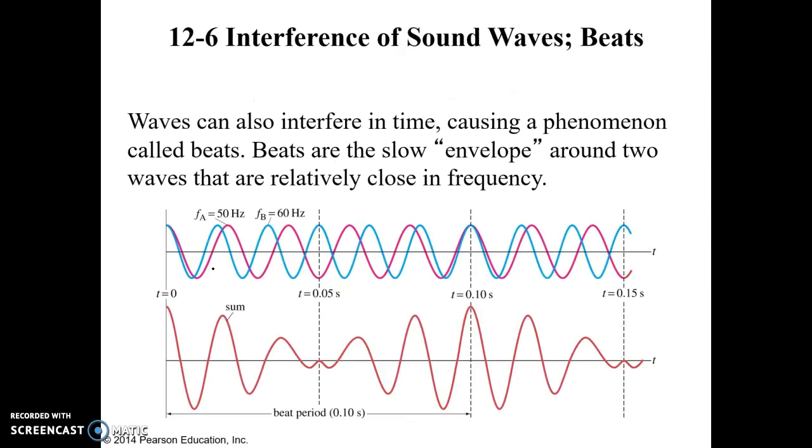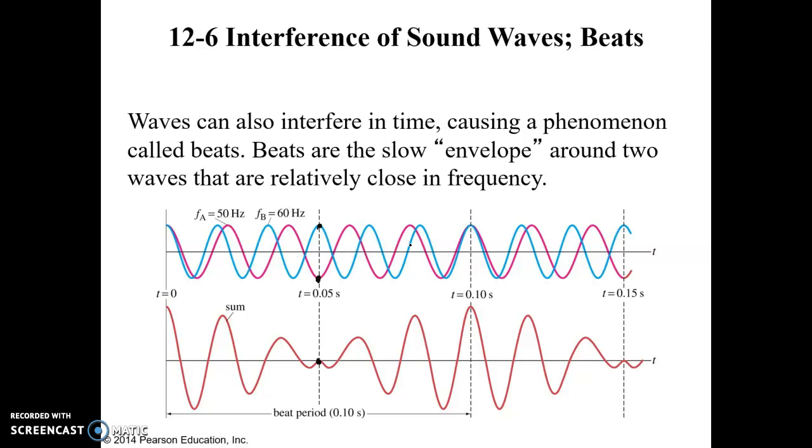So, as I was saying before, if you've got two waves that have slightly different frequencies, they will kind of shift their relationship to each other, where at certain points they are going to experience destructive interference. These two waves are going to cancel each other out, and the result is going to be nothing.